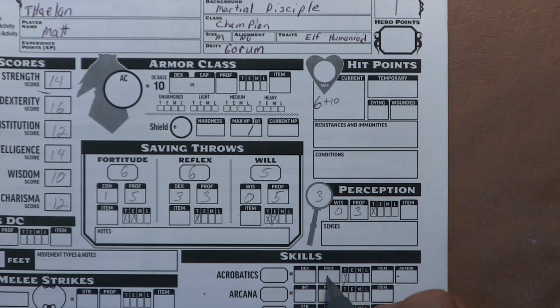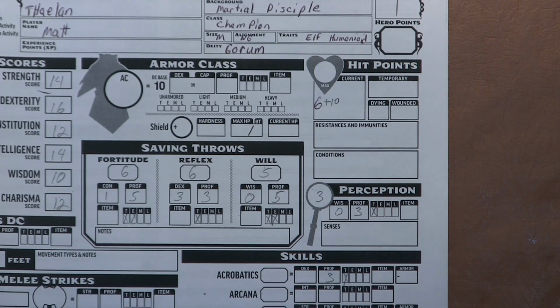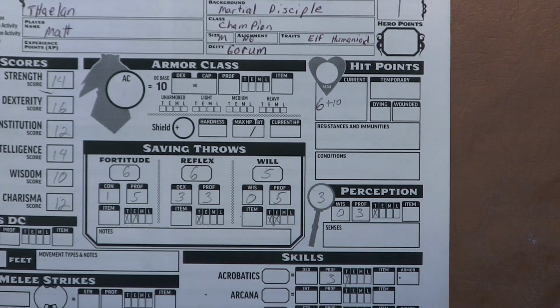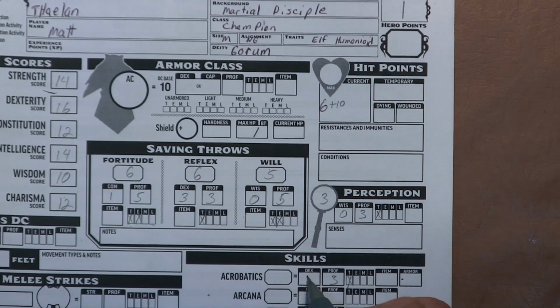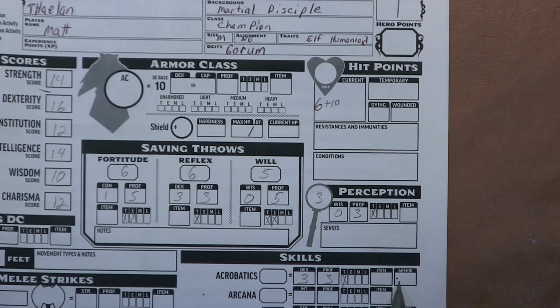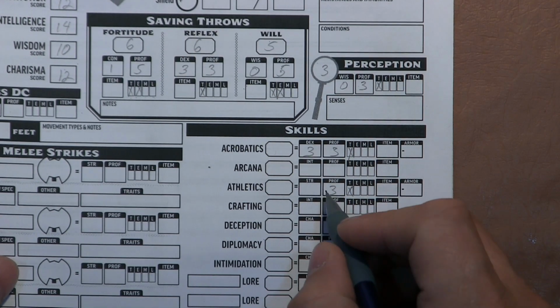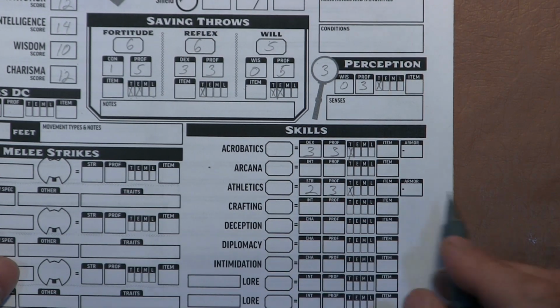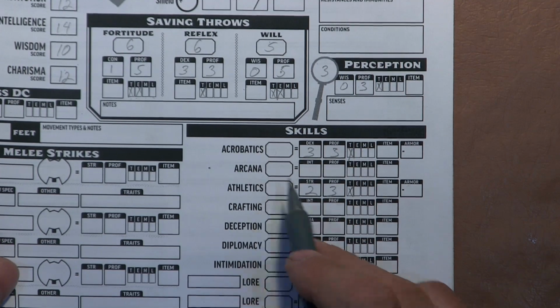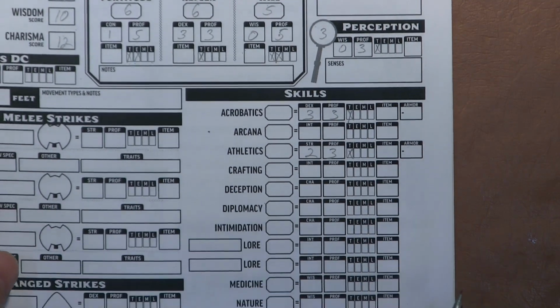While I'm here, I'm just going to go ahead and do this also. The proficiency is 3, 3, and then 3 for religion. My dexterity mod is 3. Can't fill it out yet because I don't know what armor I'm wearing. Athletics, my strength modifier is 2. Again, we can't finish filling it out over here because we don't know what armor we're wearing.